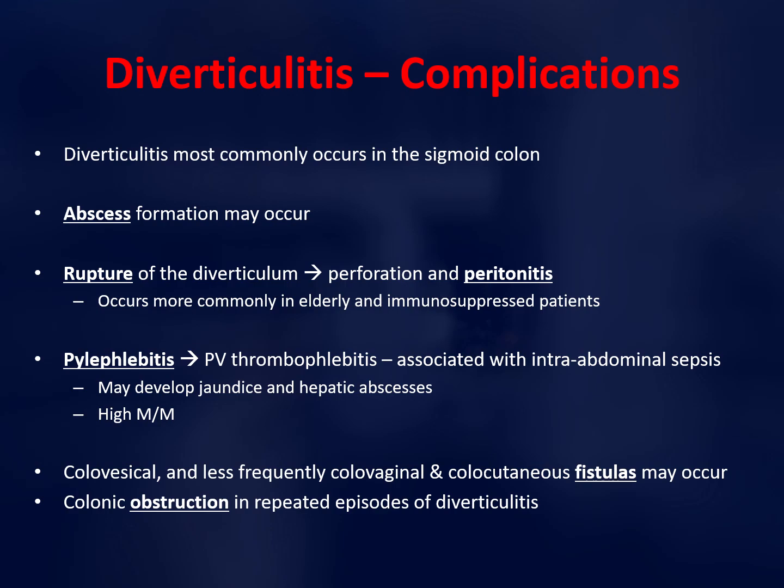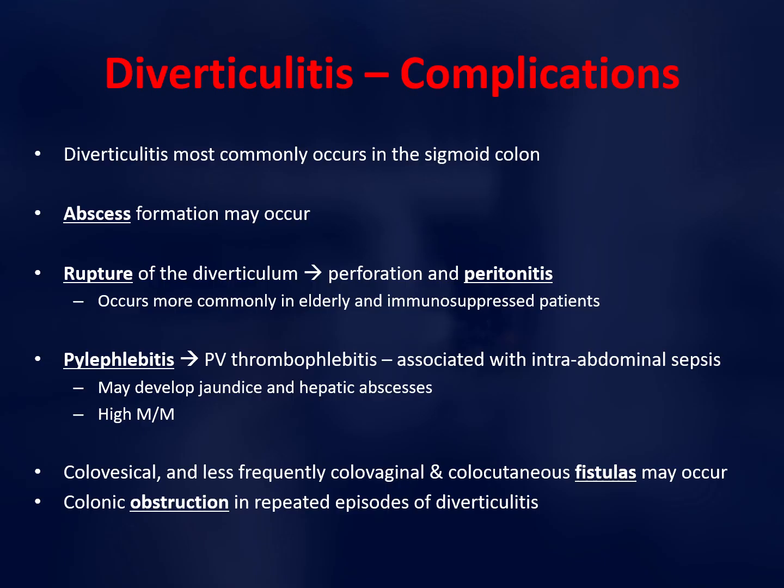This occurs more commonly in the elderly population and immunosuppressed patients. Moreover, due to intra-abdominal sepsis, we can have cases of pylephlebitis, which is portal vein thrombophlebitis. These patients may develop jaundice and hepatic abscesses, and this condition has a high morbidity and mortality.